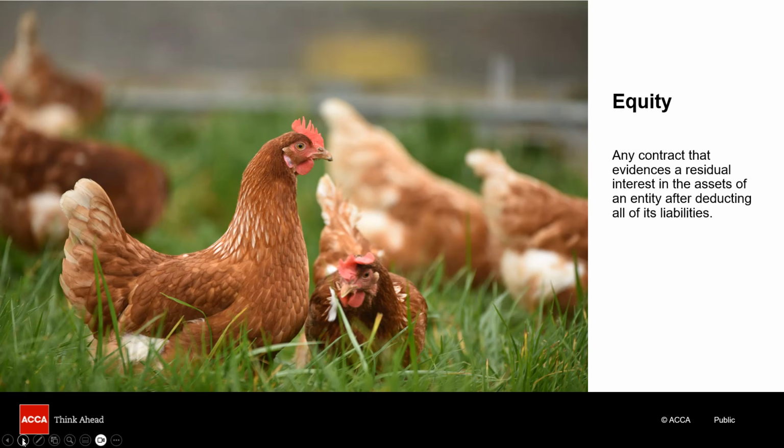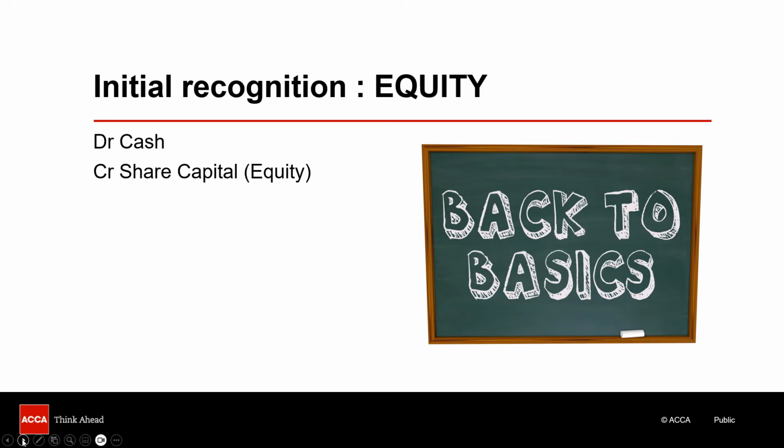So you have no obligations in respect of equity. That's the key point. When you issue equity, you are receiving money. I'm keeping it simple. You can do share for share exchange, but let's keep it simple. Debit cash, credit share capital, credit equity.